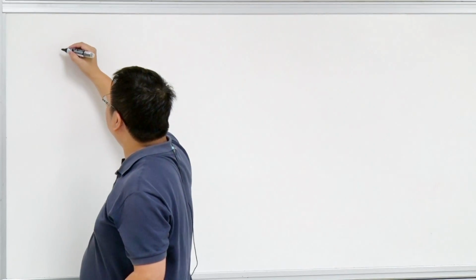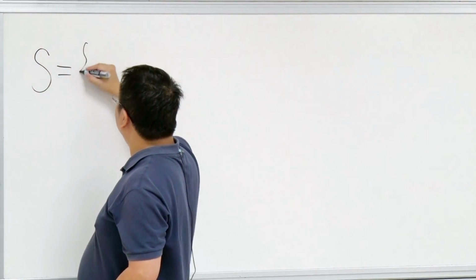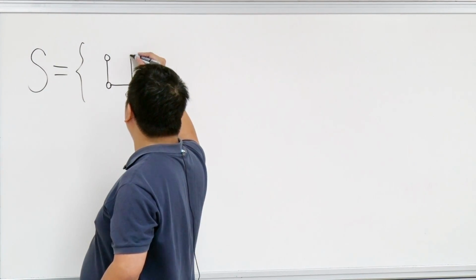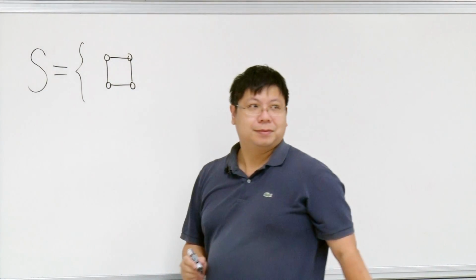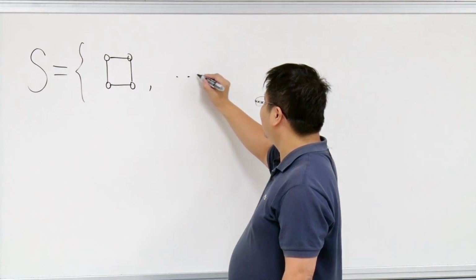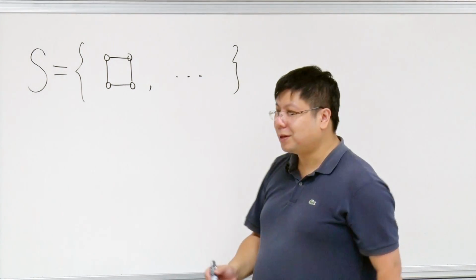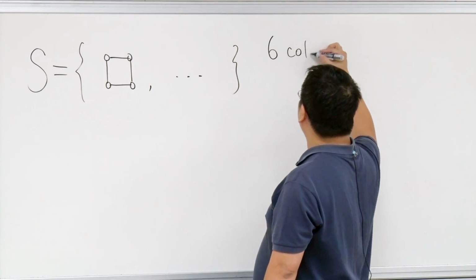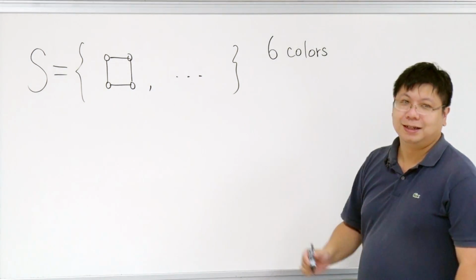Okay. This time, let's consider S to be square. How many colors? Okay. Whatever you like. Let's say 6 colors. It's possible for each vertex.